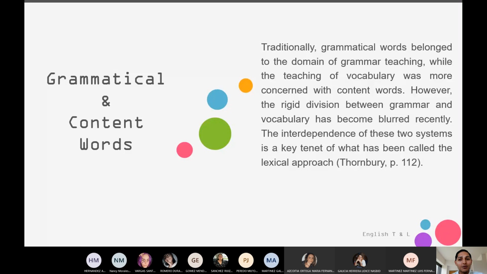So the interdependence of the two systems is very important for what a couple of scholars have called the lexical approach.